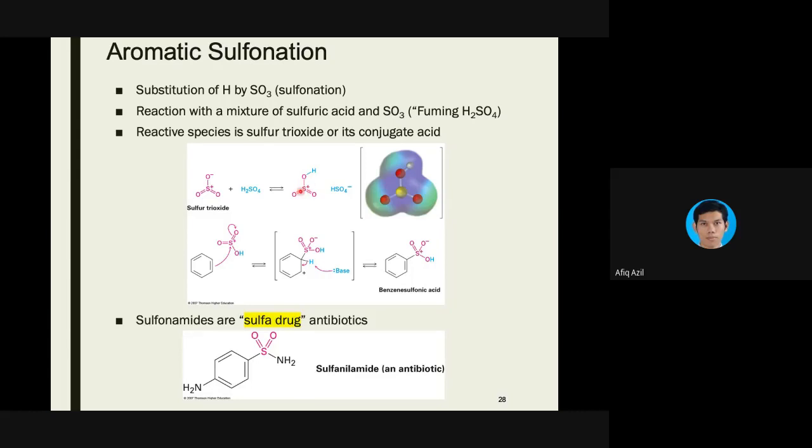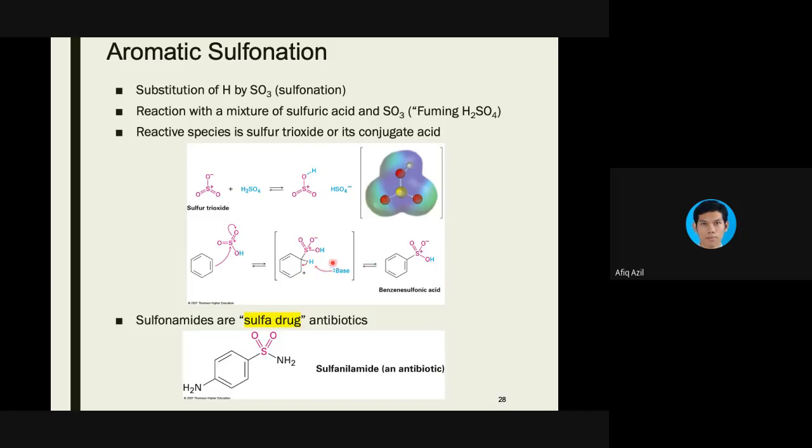So once it is positively charged, this electron-rich benzene can easily attack this sulfur, which is already positive. This is your nucleophile, this is your electrophile. Hence you will get your intermediate as well, this arenium ion, same step.